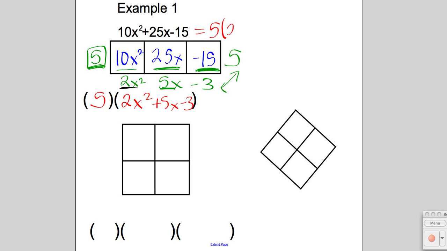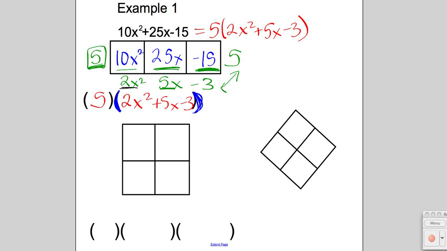These are equivalent expressions. Now I'm not done yet, but I started on the path of factoring completely by taking out the biggest number that they all have. Now I keep going, and I'm going to take this section right here and factor it even further into a pair of parentheses.